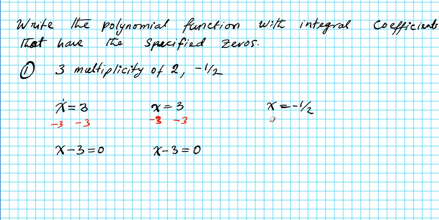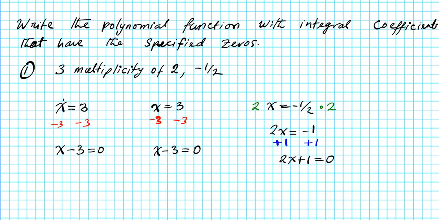So to guarantee that we do not have fractional coefficients and that they are all integers, we have to use a different approach. To do this, we'll multiply both sides by 2. That yields 2x equals negative 1. And then lastly, we'll add 1 to both sides. Remember, our objective is to set each equation equal to 0. So we have 2x plus 1 equals 0.